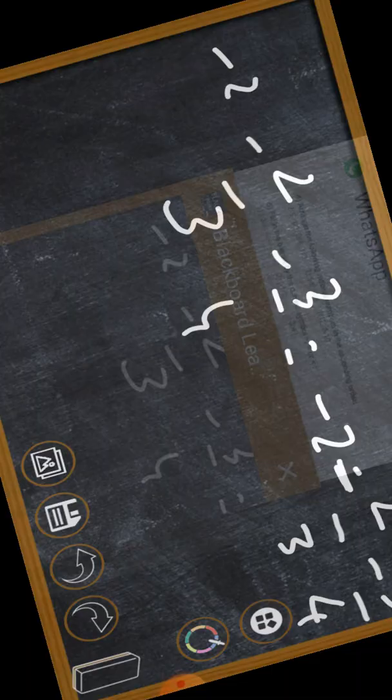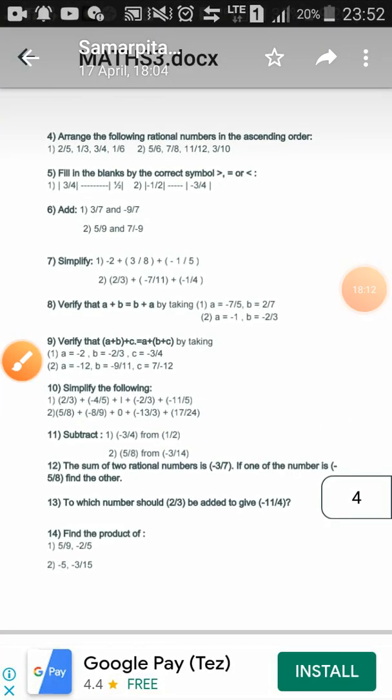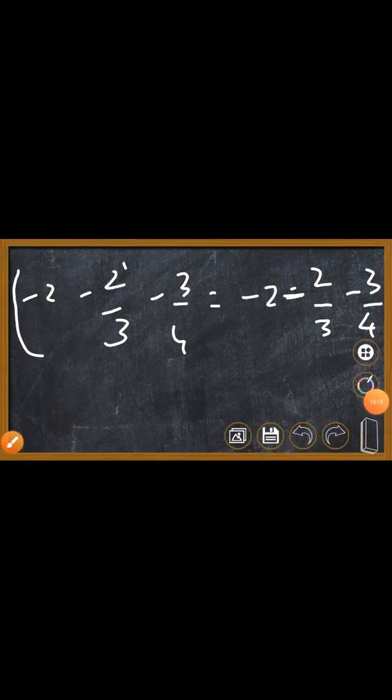Yes, just the brackets are there in different places. This one is your a plus b, this one is your b plus c. You are supposed to show that in both the cases the answer will be equal.